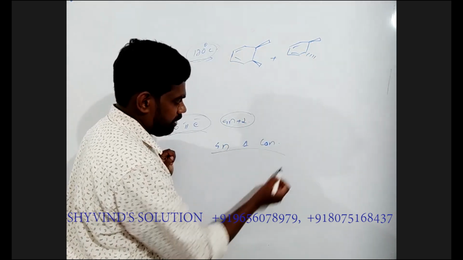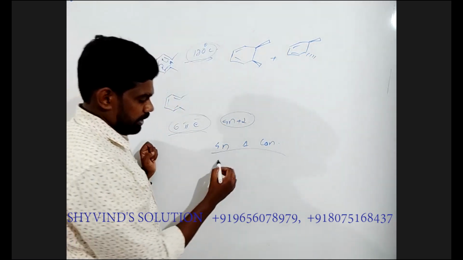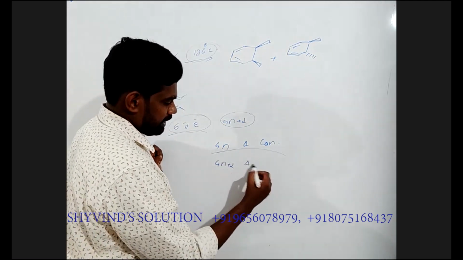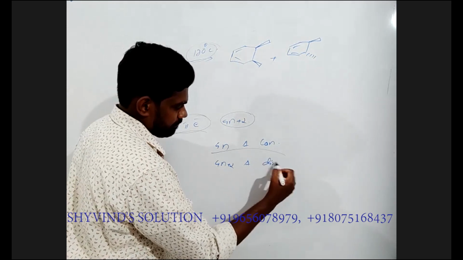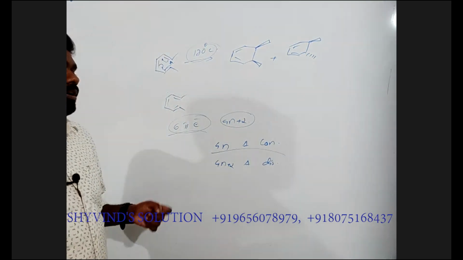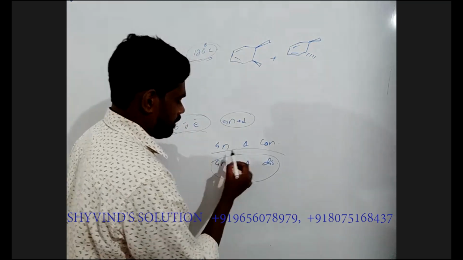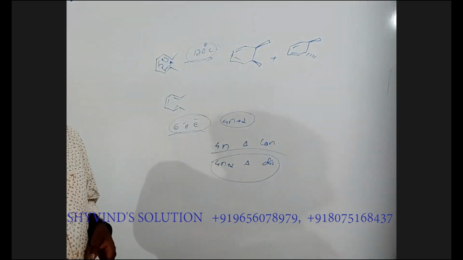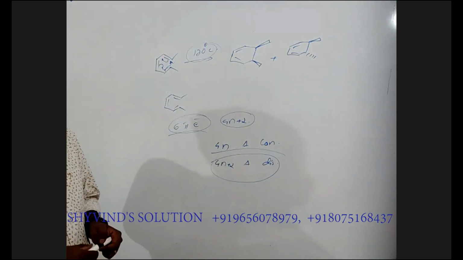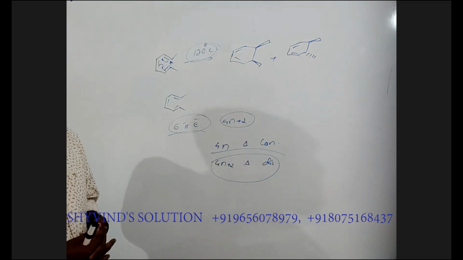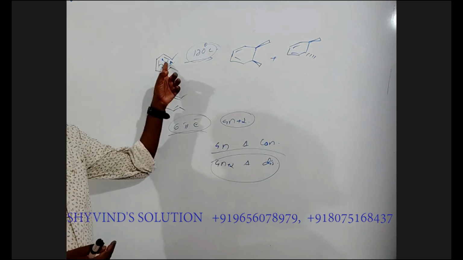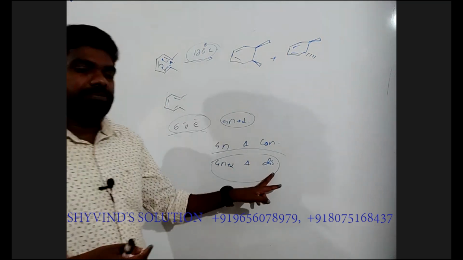This is the idea. So this is a 4n plus 2 system, so we should expect a disrotation.